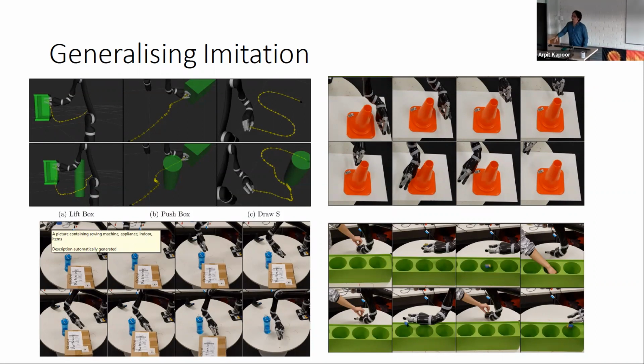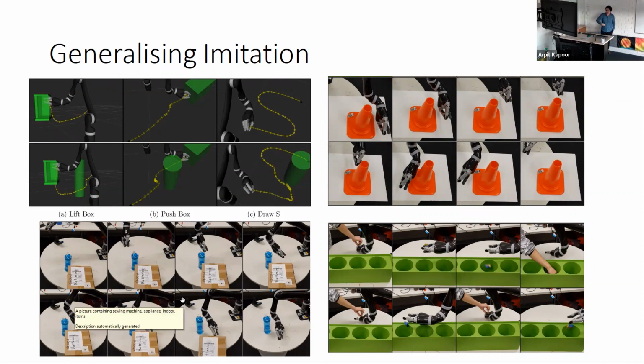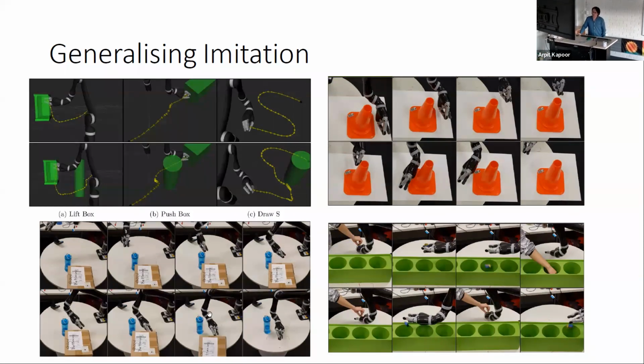In the real-world experiments here, the robot is taught how to draw an S. So we have videos of this, and then you have another obstacle. We teach the robot how to push a box off the table, and then we have a new obstacle, and it's able to avoid that and push the box.